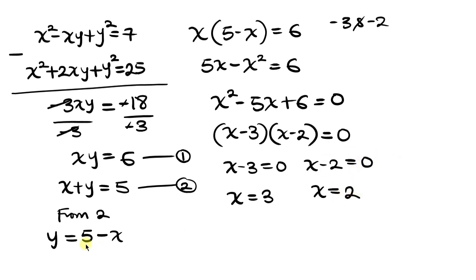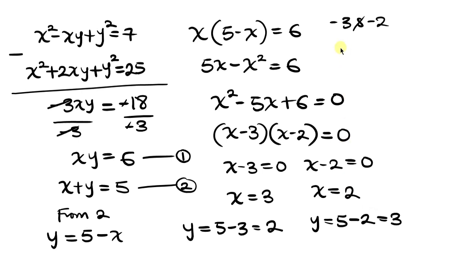Now to get the corresponding value for y, y will be equal to 5 minus x. X here is 3. So 5 minus 3, that's 2. For this other case, y is equal to 5 minus x. X here is also 2. So 5 minus 2 gives 3.